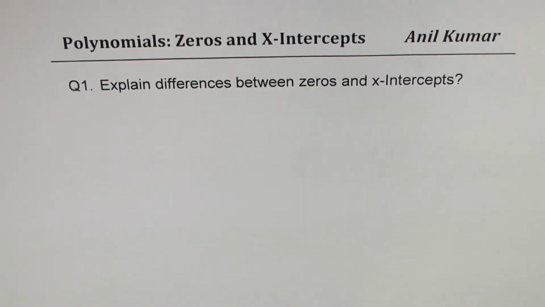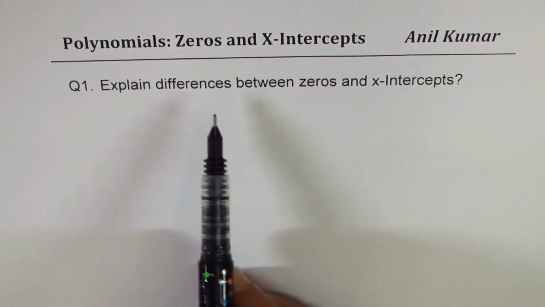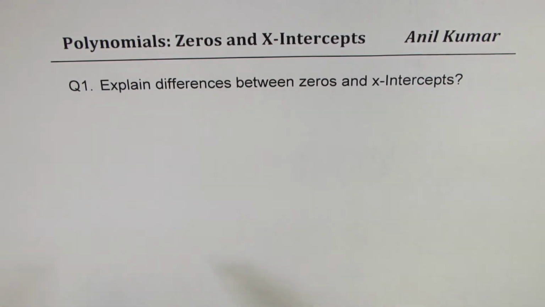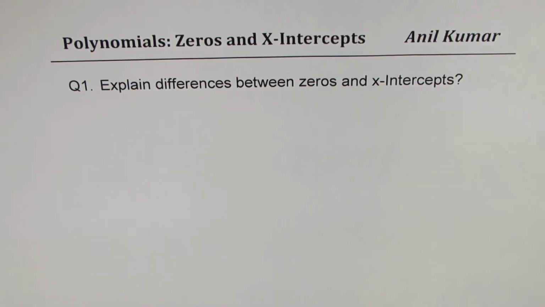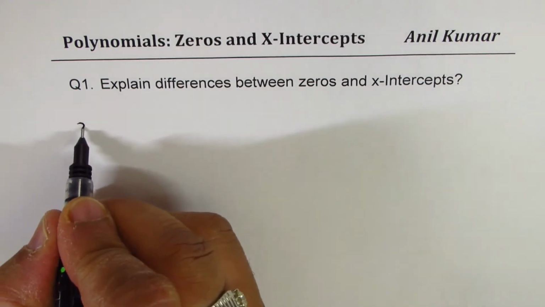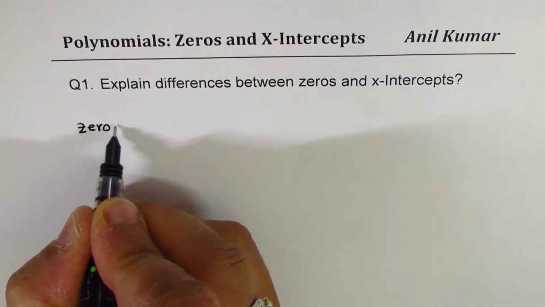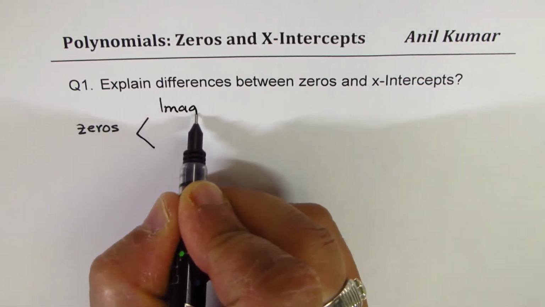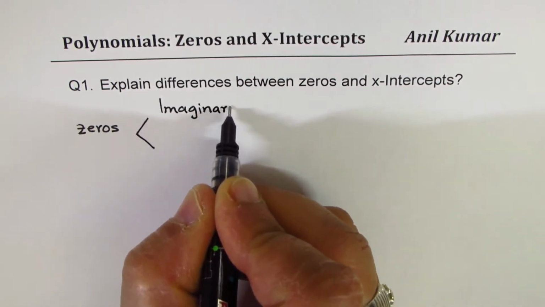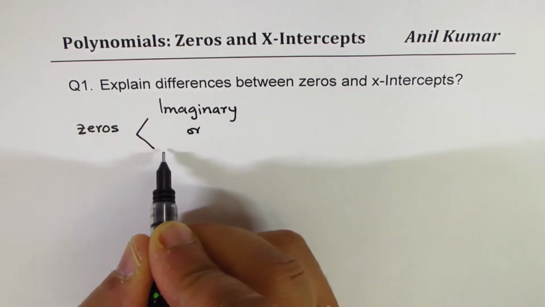Excellent question. Begin with the very first question, which is to understand differences between zeros and x-intercepts, right? Now, let me explain like this: zeros could be imaginary or real.